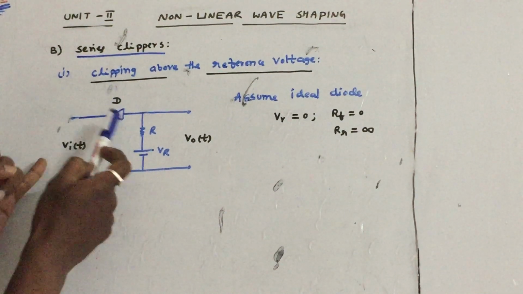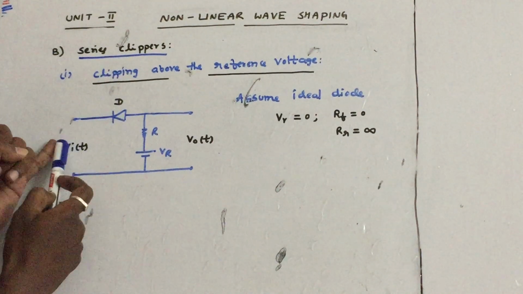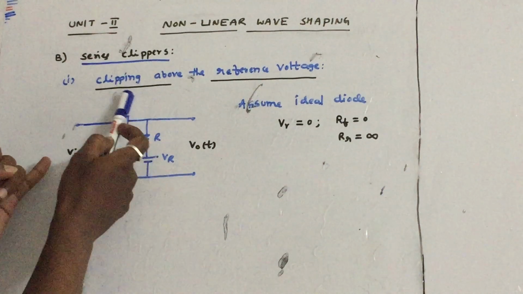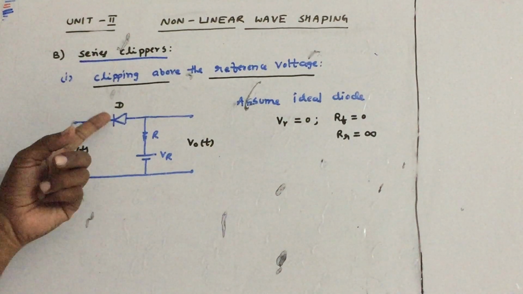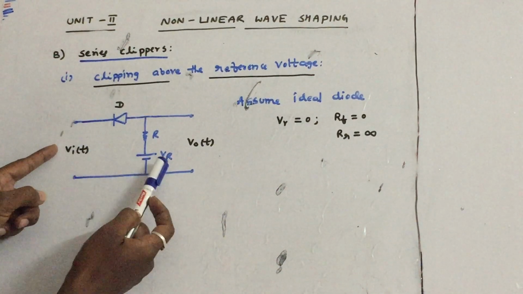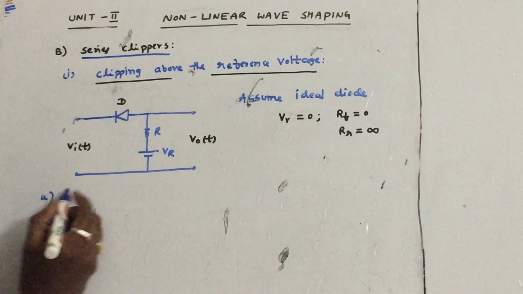So the diode is on or off depending upon whether Vi is less than VR or greater than VR. First let us see the operation of the circuit.